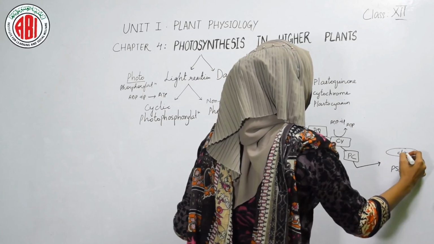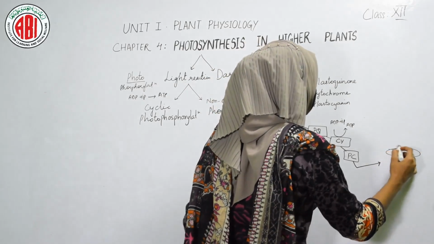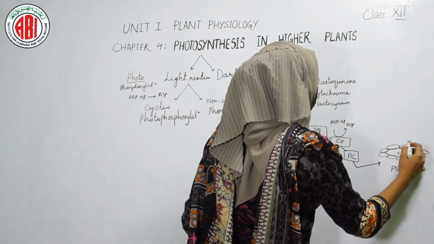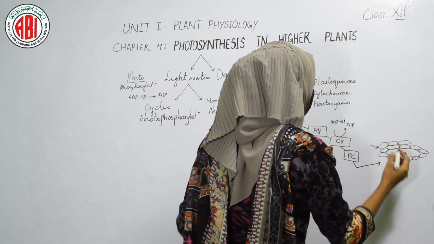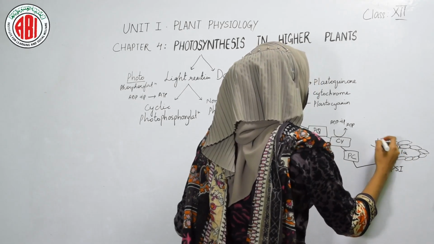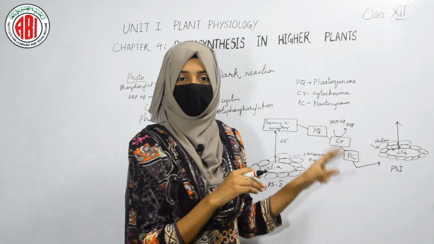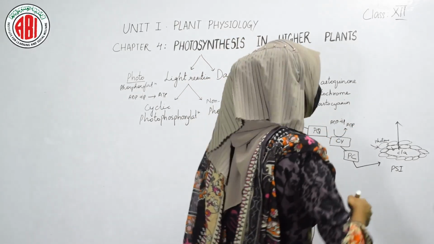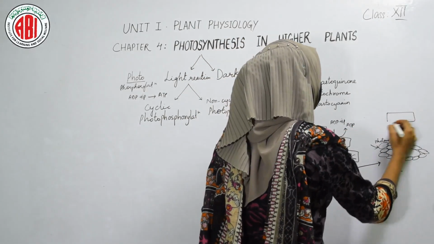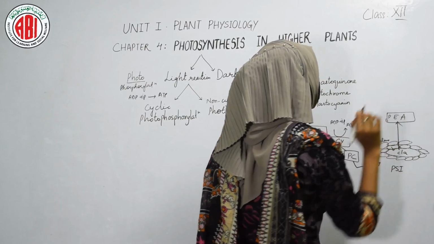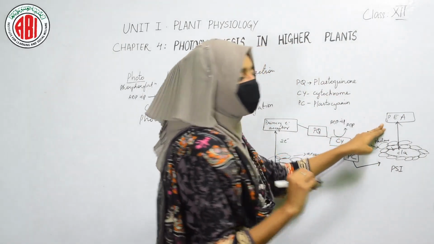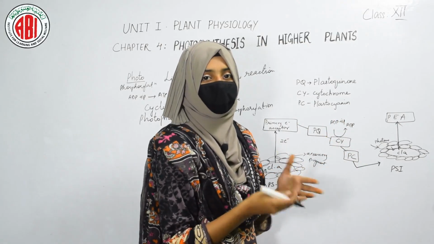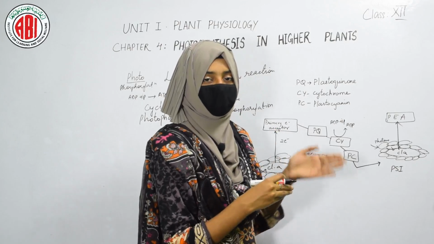Photosystem 1 also shows the presence of a reaction center, that is the chlorophyll A molecule, and around it again accessory pigments are present. When sunlight falls, these accessory pigments receive the photons and transfer them to the chlorophyll. Now when chlorophyll absorbs a sufficient amount of photons, it excites two electrons. A pair of electrons is excited by this chlorophyll molecule, which is absorbed by the primary electron acceptor. Now the primary electron acceptor of photosystem 1 again shows the transfer of electrons from a higher energy level to a lower energy level.